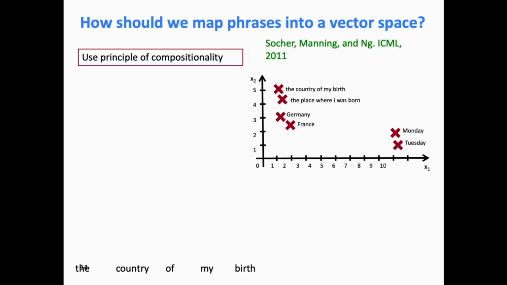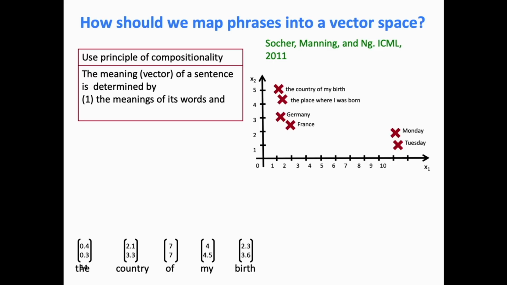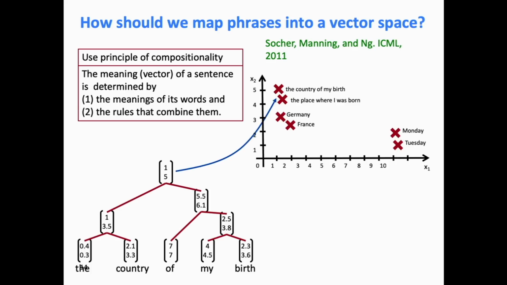What the principle of compositionality essentially says is that the meaning of a sentence, or of any phrase, any constituent, you're going to build by knowing the meanings of its words and then having rules that combine these meanings. So starting off with the country of my birth, I should be able to calculate a meaning of my birth, a meaning of the country, and then a meaning of the country of my birth.